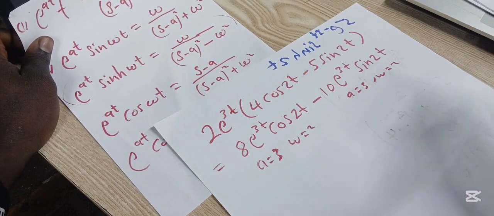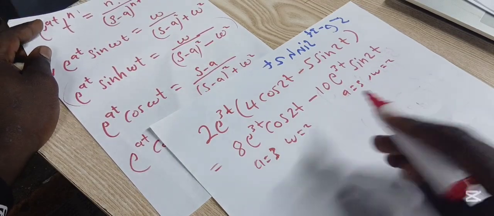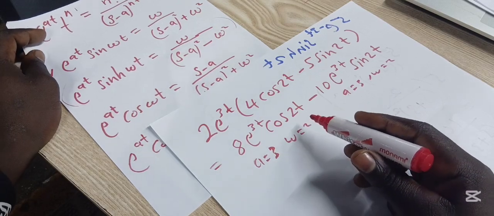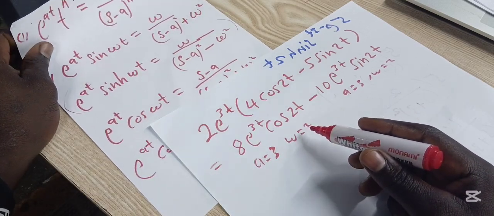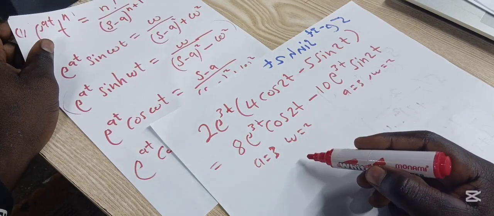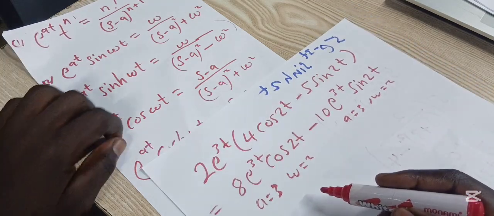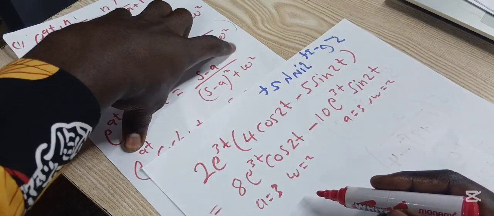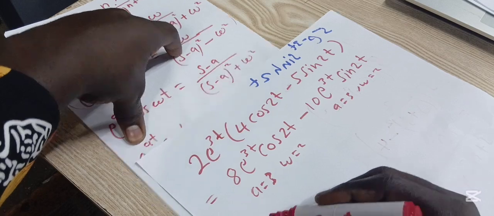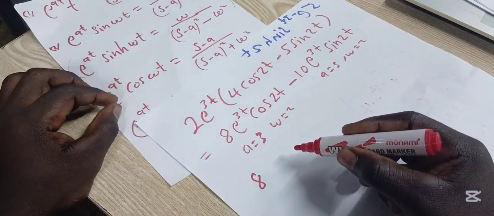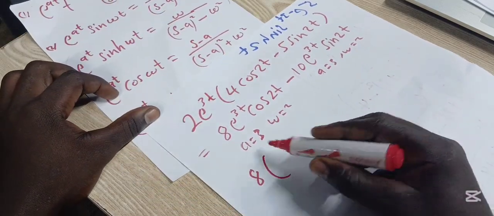It's virtually the same for both. So now we have to recall the formula for e to the power at cos wt. For that, we're going to get s minus a, and let's bring our 8 here as a coefficient.